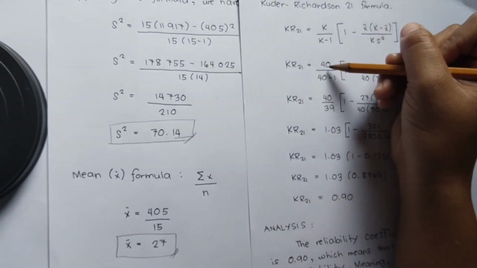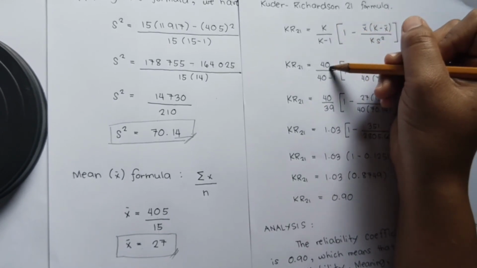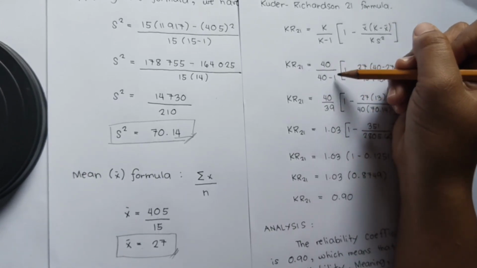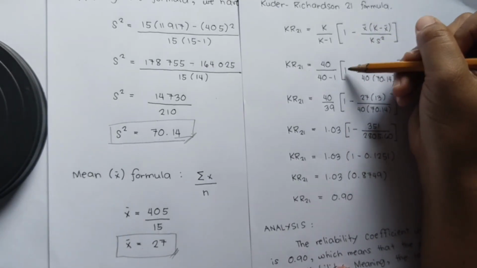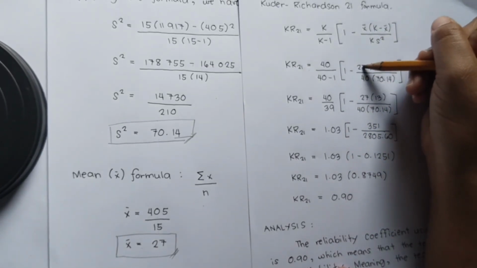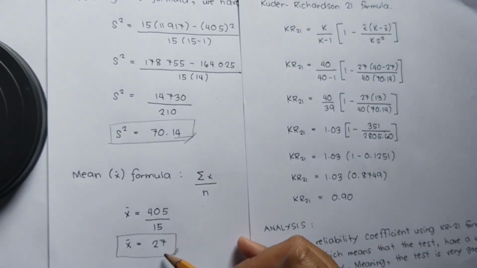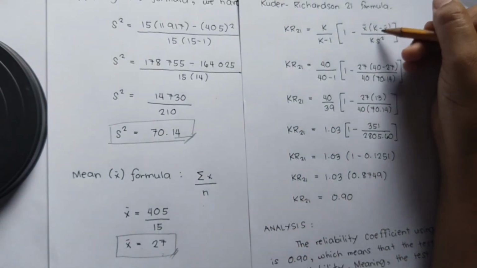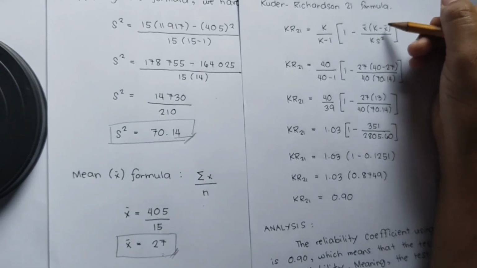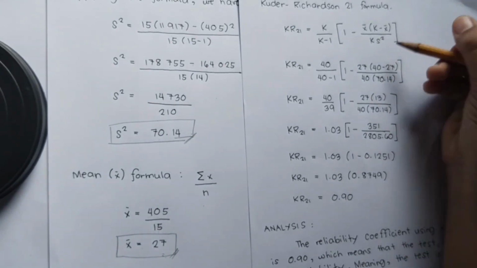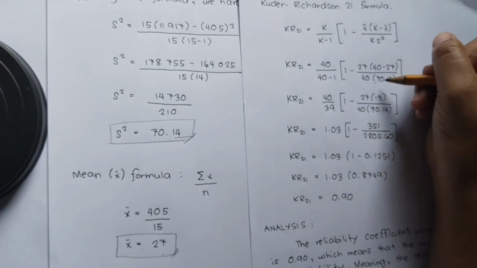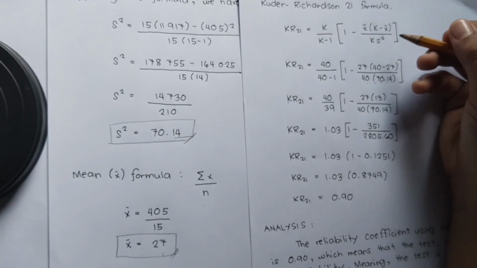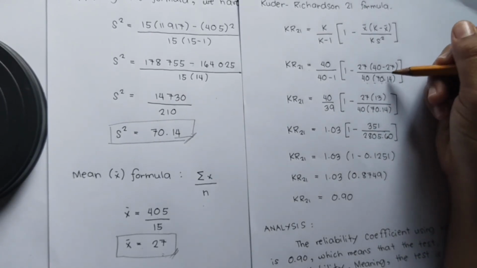KR-21 is equals to 40. Yung key natin is 40 kasi nga 40 items yung binigay ng guro. Over 40 minus 1. So, times 1 minus 27, which is yung value ni mean na nahanap natin kanina. Times K is yung 40 minus 27 over 40 times 70.14. Ito yung value natin. Ito yung value ni standard deviation.